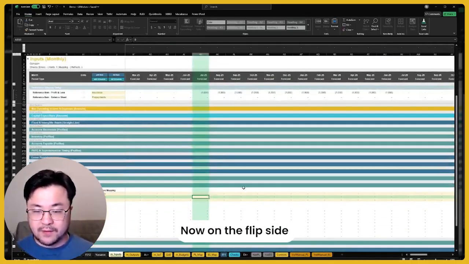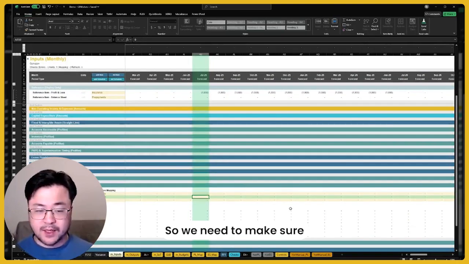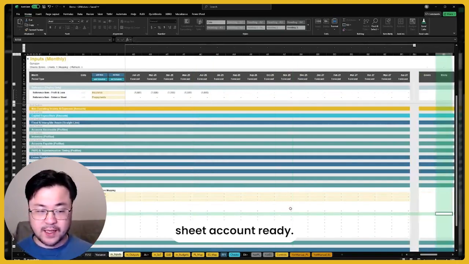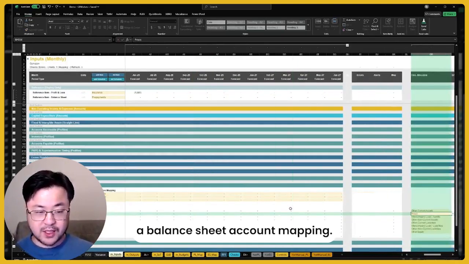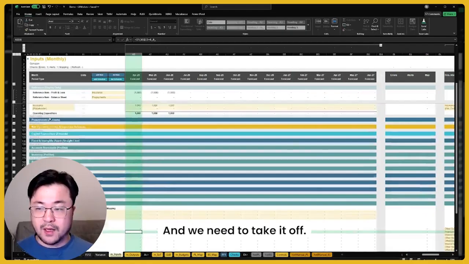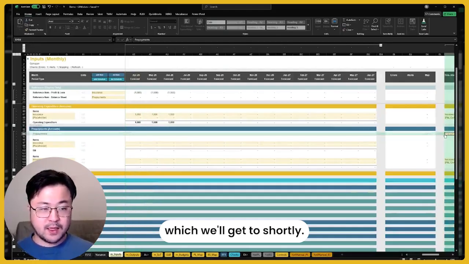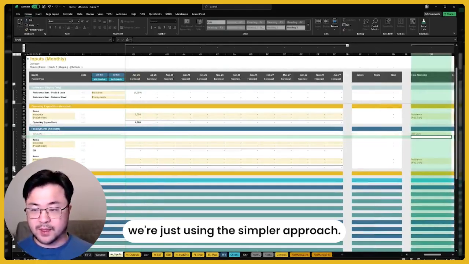On the flip side, we need to make sure we've got the balance sheet account ready. So we give ourselves a balance sheet account mapping, and we take it off our prepayments section, which we'll get to shortly. Right now, we're just using the simpler approach.